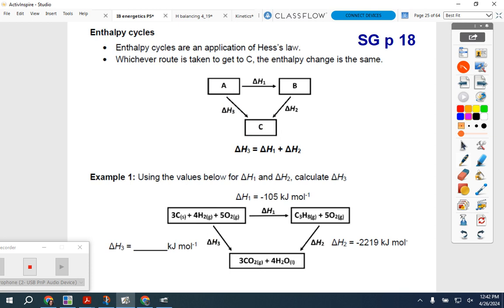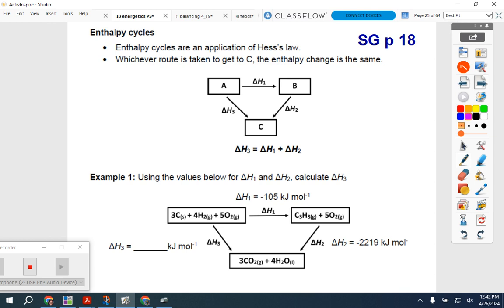Now, just as an example, we want to find the change in enthalpy when we take carbon, hydrogen, and oxygen and turn them into CO2 and H2O. We don't have that number. We can't do that in a reaction system in our lab. But we do know the enthalpy of the reaction when we put carbon and hydrogen together to make propane.